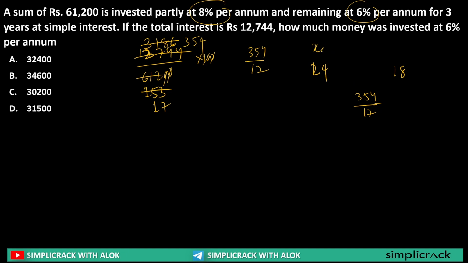So let's say X was invested at 8% for 3 years and 61,200 minus X was invested at 6% for 3 years. If we solve it, we'll get the answer to this question. This is quite silly, so I will not be solving it. This is homework for all of you.